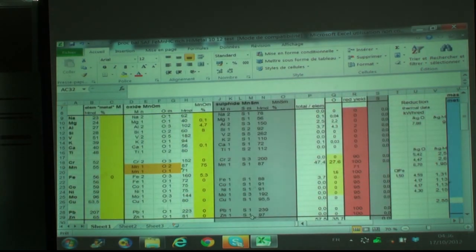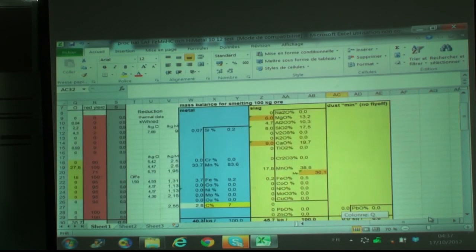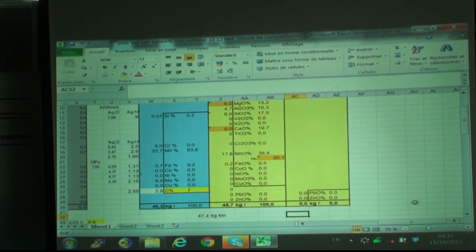if you have a lot of lead and zinc, these two for sure will not be in the metal, they will not be in the slag, they will be in the dust. And so this is calculated the same way. And if you had some lead or zinc, you would find it here.